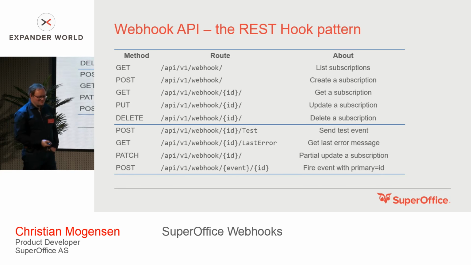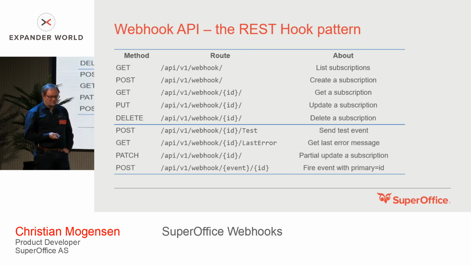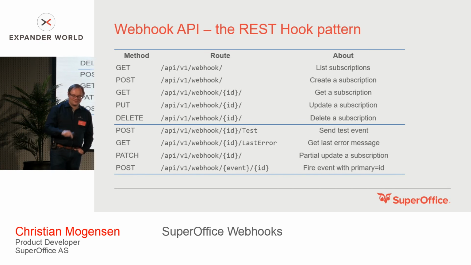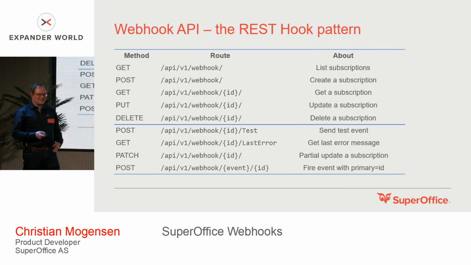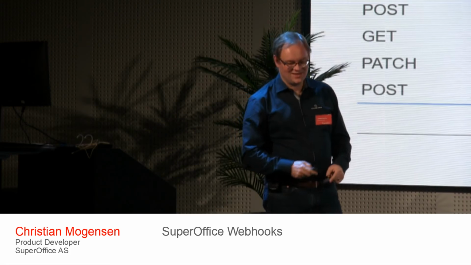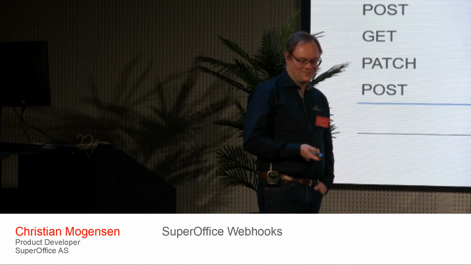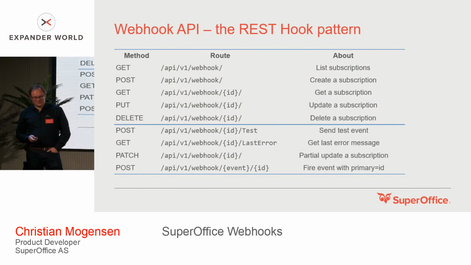There's the test method where you can try out your definition beforehand. Oh, and I see the URL is wrong, there's no ID in there. If you're building an admin user interface, you can have a little test button to try out a registration. You can get the last error, so if a webhook is failing, you can see why.